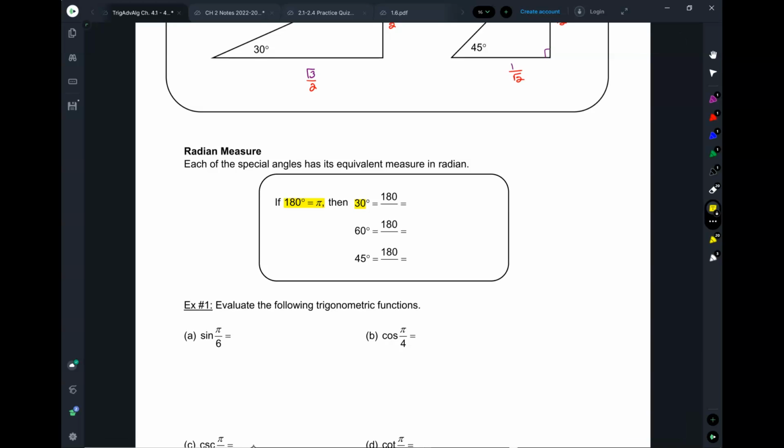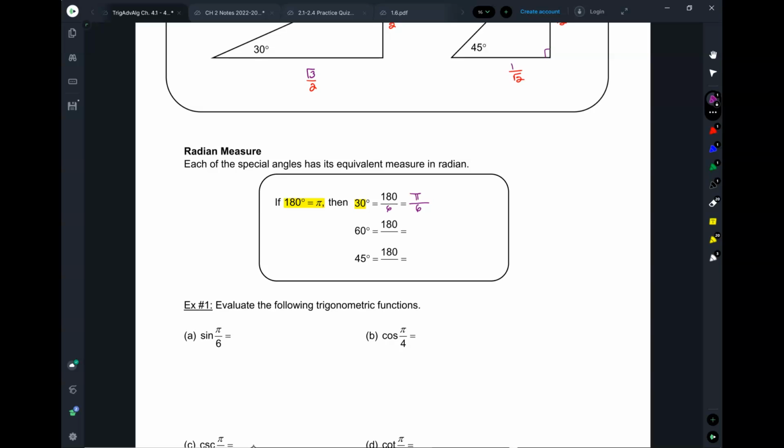What's 30 degrees? It's 180 divided by what? What would you do to 180 to get 30? Divide by 6. So to get 30, I take 180 divided by 6, which means since 180 is the same as pi, that would be the same as pi divided by 6.